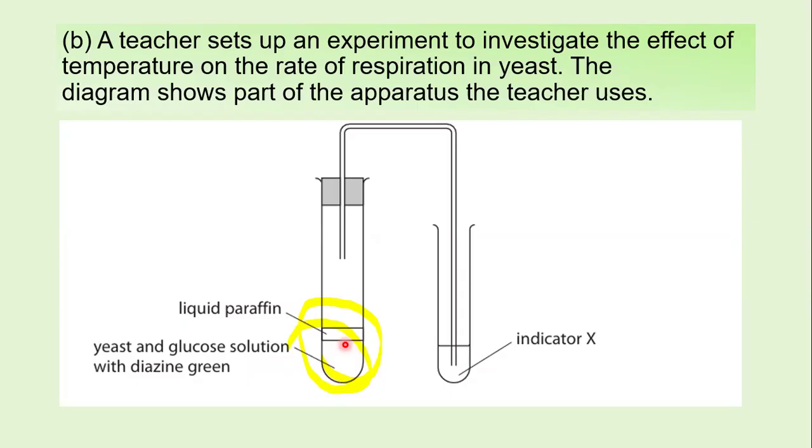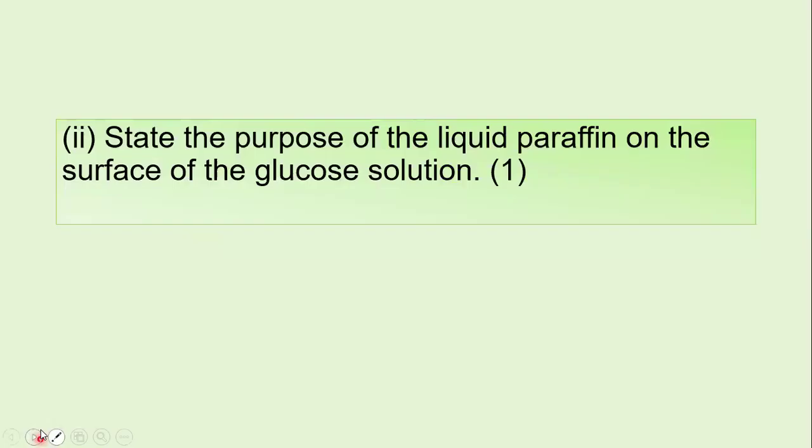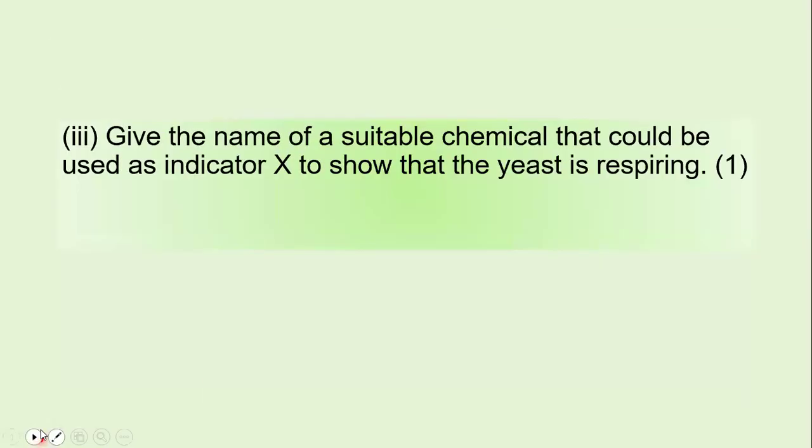Finally, when dicing green is showing pink color, we know there is no oxygen at all. So we can assume now it is going to do anaerobic respiration and produce ethanol and carbon dioxide. So you have to explain that in your answer to this question.